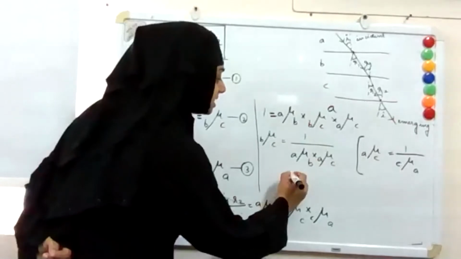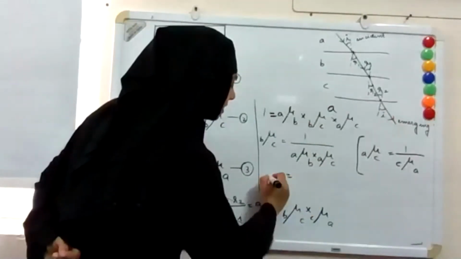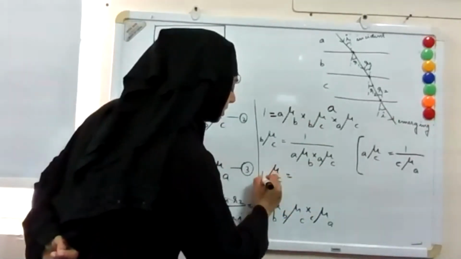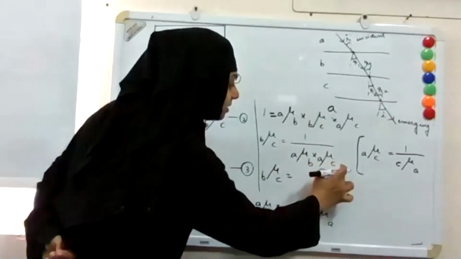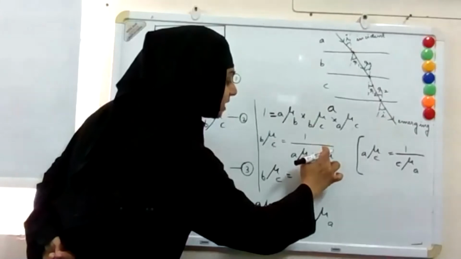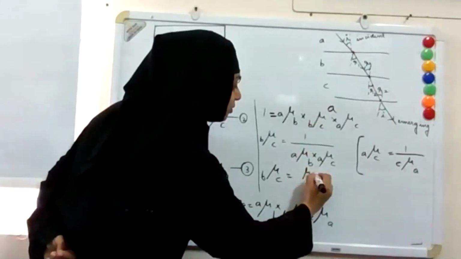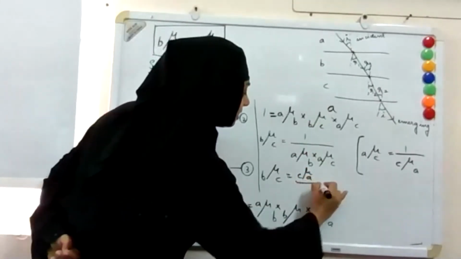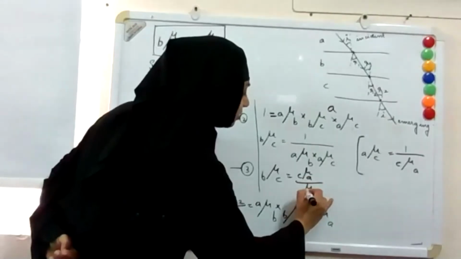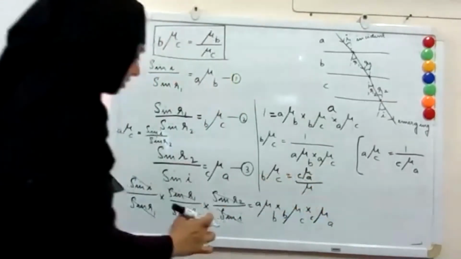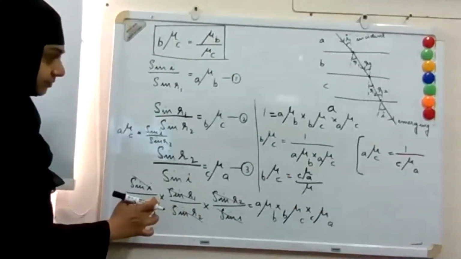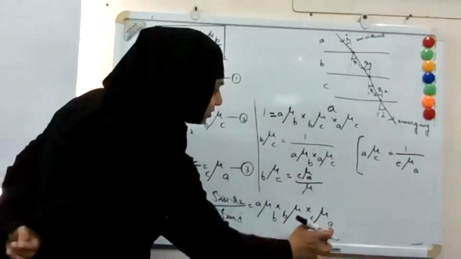So I can write this as mu CB is equal to, instead of 1 by mu AC, I am writing mu CA divided by mu. Did I make a mistake? Yes, this should be CA.